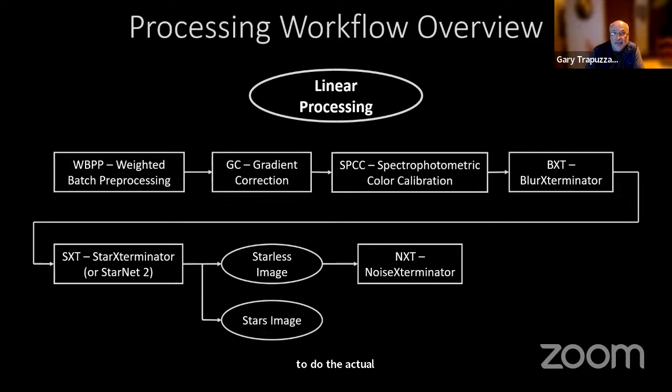I then do gradient correction. If it's a simple image like Cherry Springs, which is really nice because the gradients there are so much less than when I'm shooting at home or in a light polluted area, this gradient correction tool that they've added recently is fast and it works really, really well.